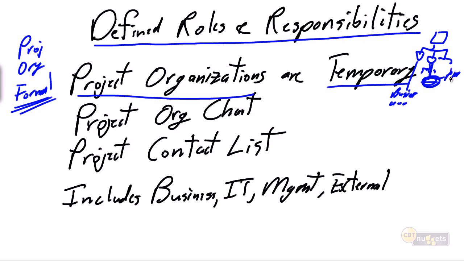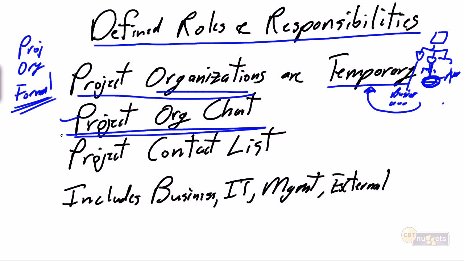We will be pulling team members from all over the organization into our project organization. So our project organization is absolutely temporary, and therefore we need to spend the time to create a formal project organization chart. And I would actually suggest, and we'll review this in much more detail in a later nugget talking about organization, that we need to have 2 project organization charts.